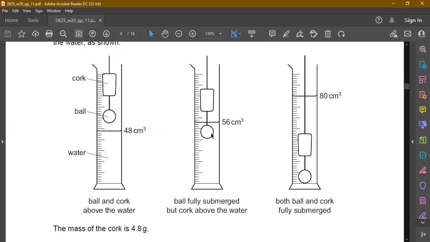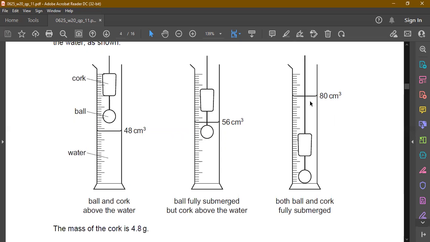When the ball is already submerged in the water, the volume of the water and the ball is 56 cubic centimeters. Then when we also submerge the cork, the volume becomes 80 cubic centimeters.